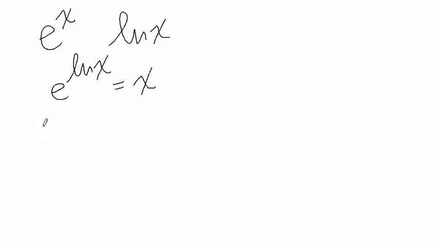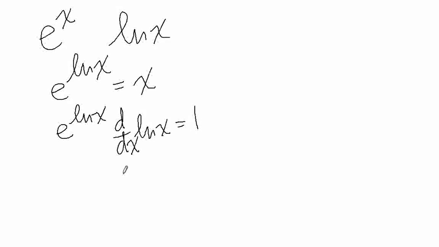So using the chain rule, e to the ln of x times the derivative of the ln of x is equal to 1. So the derivative of the ln of x is, and I can divide both sides by e to the ln of x to isolate what I'm looking for.